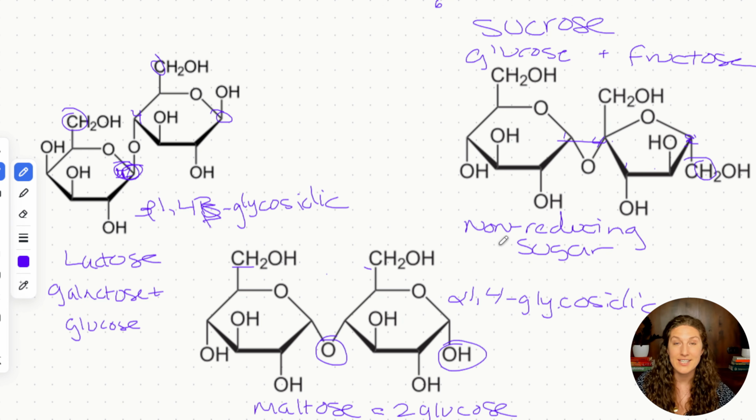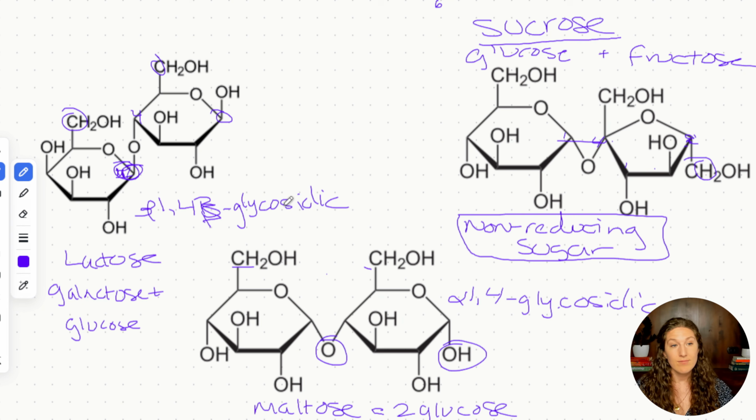In glycolysis, for example, we are oxidizing our sugars. We're removing electrons from our sugars to harvest them for the electron transport chain. So these guys are reducing sugars because, like a reducing agent, reducing sugars get oxidized, right? They reduce something else and they themselves lose their electrons or their hydrogens. So the interesting thing about sucrose is it cannot get oxidized further in the form it's in. So it is what's known as a non-reducing sugar.